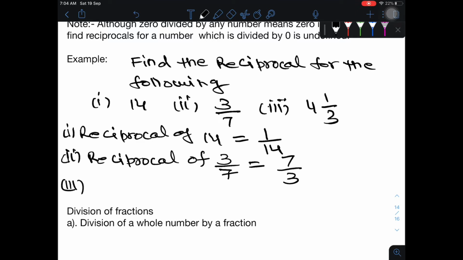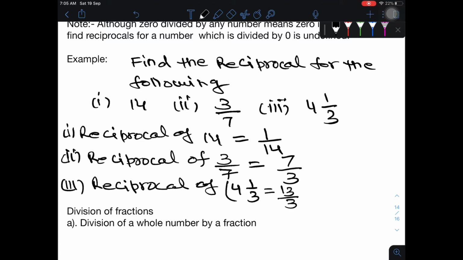Third, reciprocal of 4 1/3. So first convert it into improper fraction. How will you convert? 3 4s are 12, plus 1, 13, 13/3. So its reciprocal will come 3/13. So in this way you can find out the reciprocal.